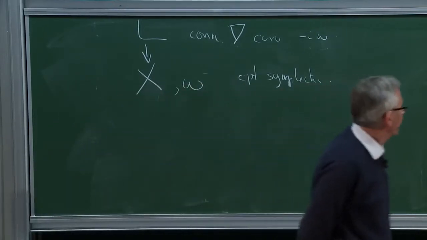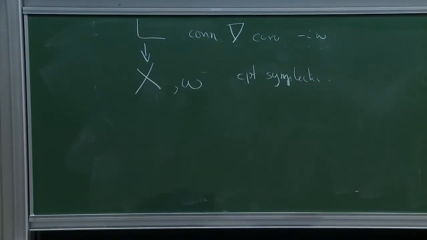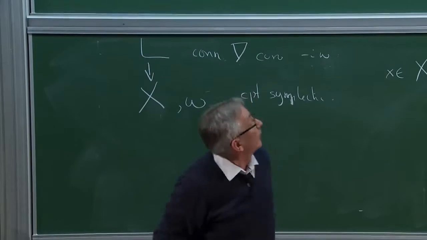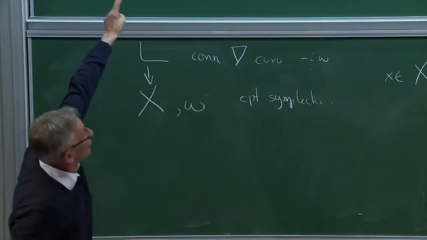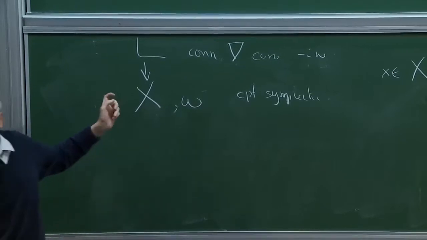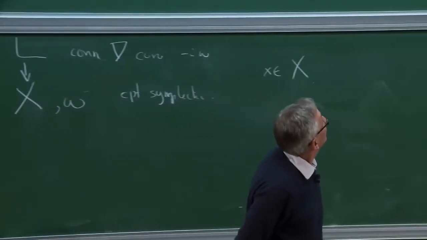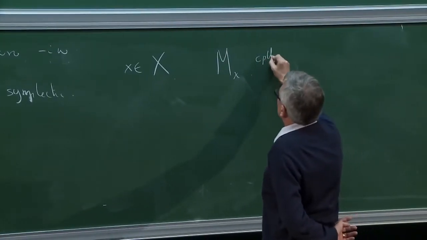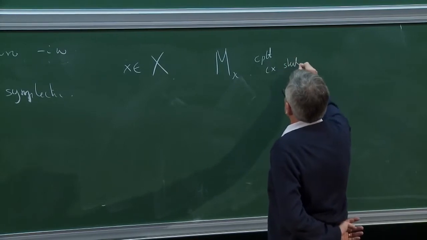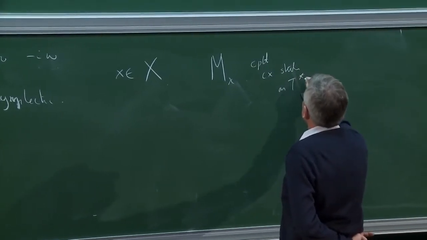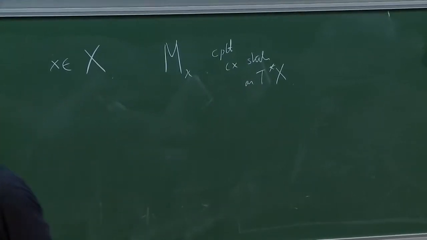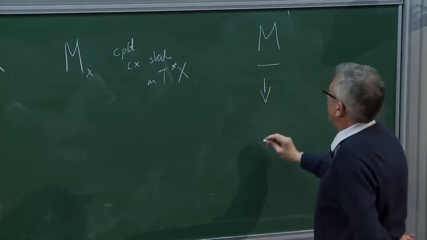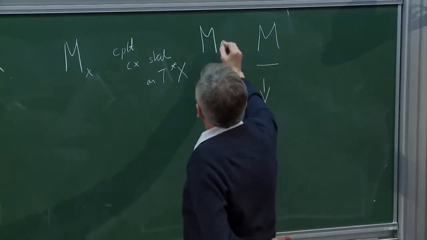Then at each point of X we have a copy of our space M, given by taking U to be the cotangent bundle at that point. So we get a space M_X of compatible complex structures on T star X, and we get a bundle, underlined M, over X with fiber M.